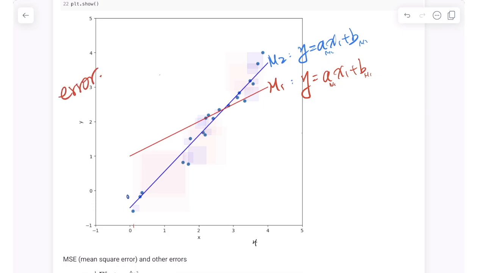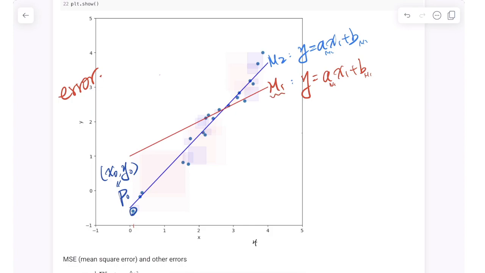Take a look at this data point, P0. You can find its x and y in the data table, for example x0, y0. Let's first look at model 1.